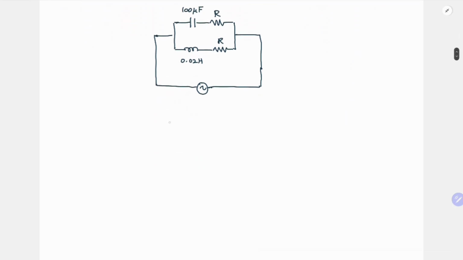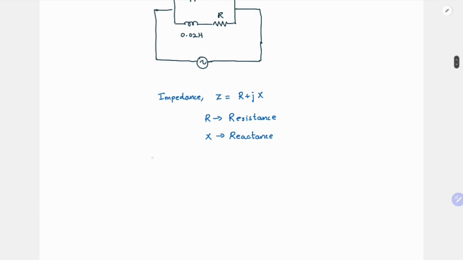So what does it mean? We know that we have impedance Z, and this I can write as real and imaginary part. The real part is called resistance and the imaginary part is called reactance, and admittance is nothing but the inverse of impedance, and this also I can write as two parts, a real and imaginary part.